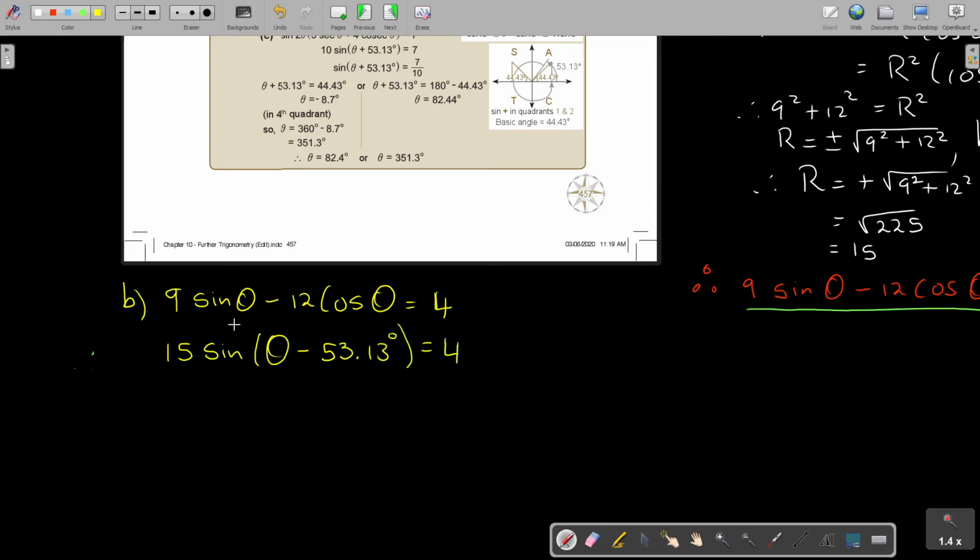So basically, in the place of this, I just substitute my answer of A and I keep the 4. Now I'm going to simplify. So it's going to be sin and that's going to be 4 over 15.